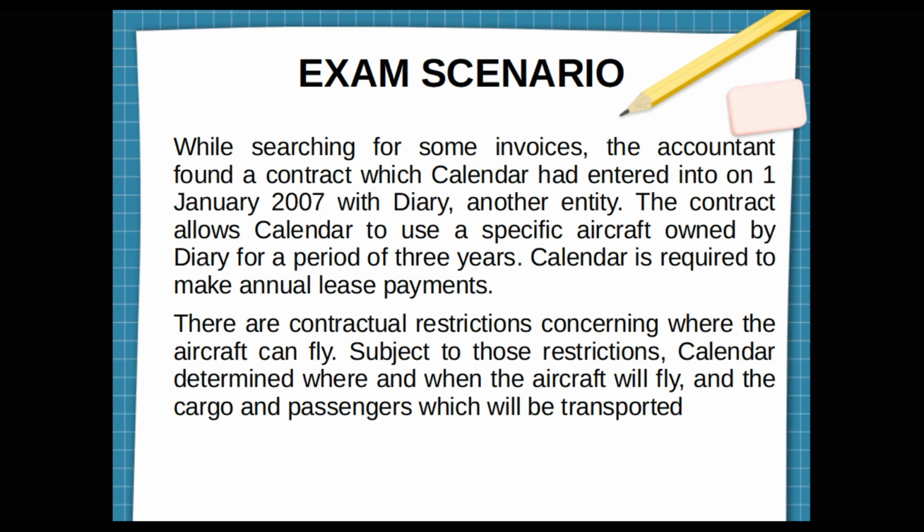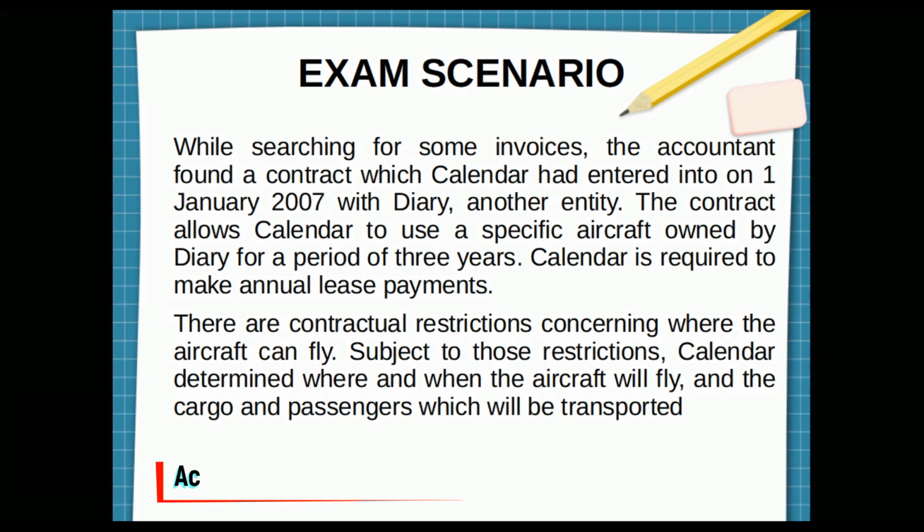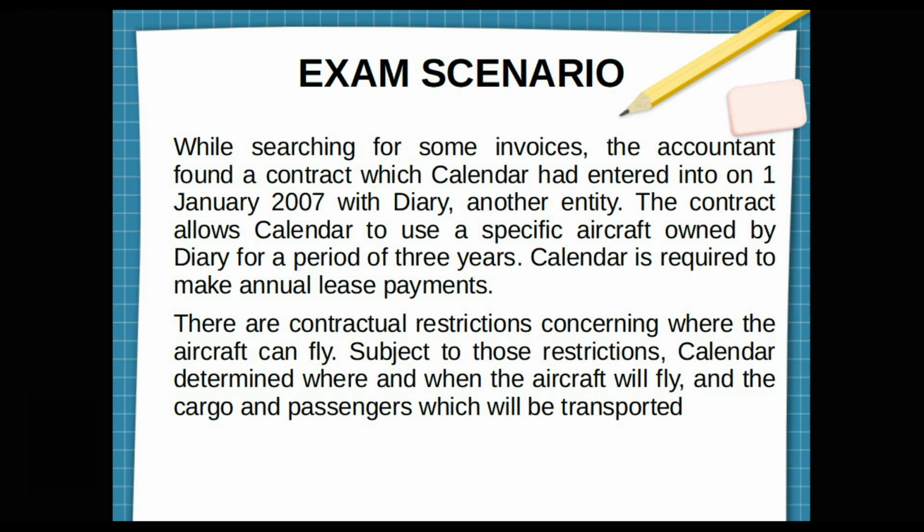This is our exam scenario. While searching some invoices, the accountant found a contract which Calendar had entered into on 1st January 2007 with Diary, another entity. The contract allows Calendar to use a specific aircraft owned by Diary for a period of 3 years.